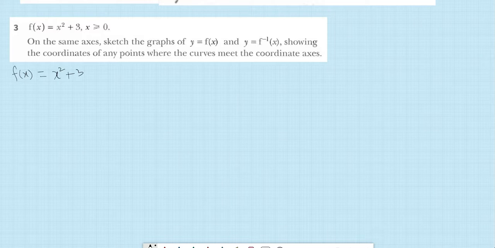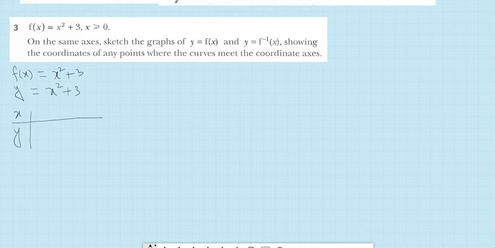Now, in order to draw the graph of a function, first convert this f(x) into y. So y is equal to x square plus 3. Now, make a table of values, take some values of x and you will get values of y.